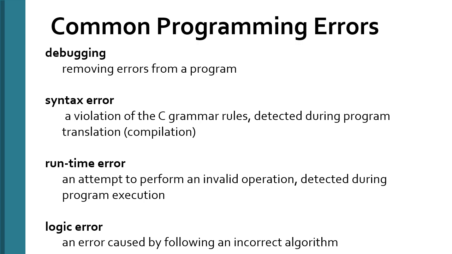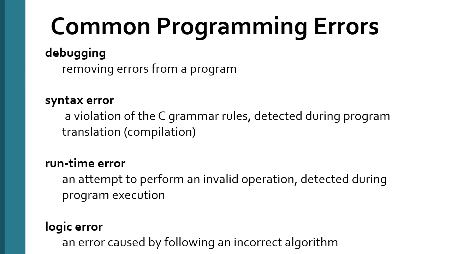When the compiler goes through that code, it checks for rules that are not followed in the language C. The newer compilers like Visual Studio have little red squiggly lines to help you find these syntax errors, but the compiler might find them.